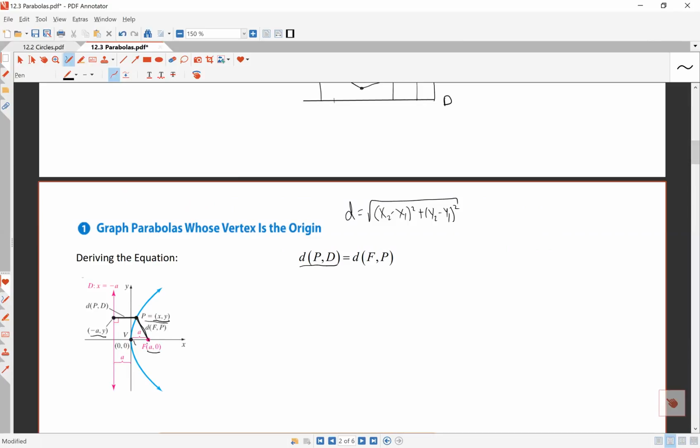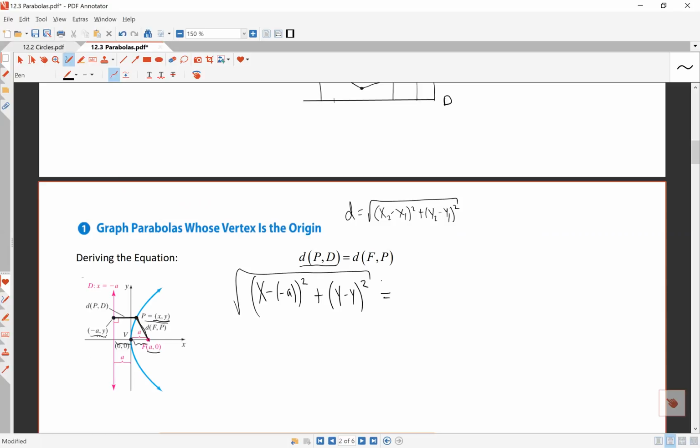So the distance from P to the point on the directrix is going to be x minus negative a squared plus y minus y squared, and then the square root of that.